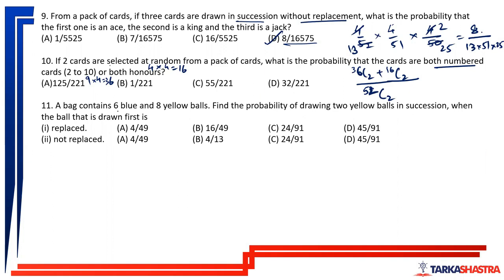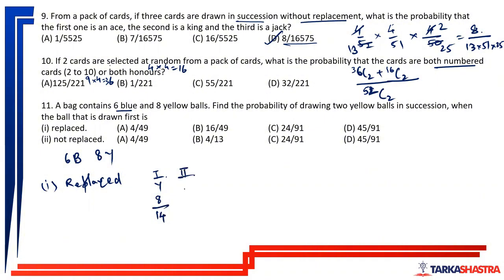Next, a bag contains 6 blue and 8 yellow balls. Find the probability of drawing 2 yellow balls in succession when the ball that is drawn first is replaced. So first case is the replaced case, and 2 balls are drawn in succession. The first ball is yellow, its probability will be 8 by 14.